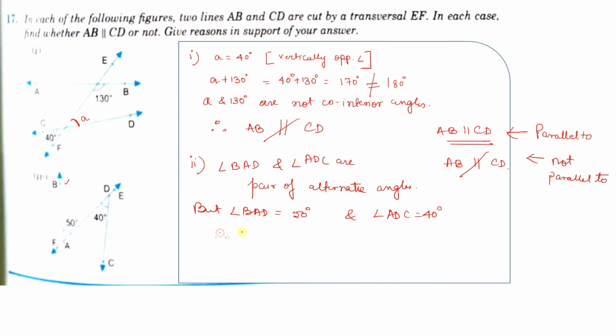Therefore, angle BAD is not equal to angle ADC, hence AB is not parallel to CD. Okay, so this was number 4. I have explained 1 and 4.